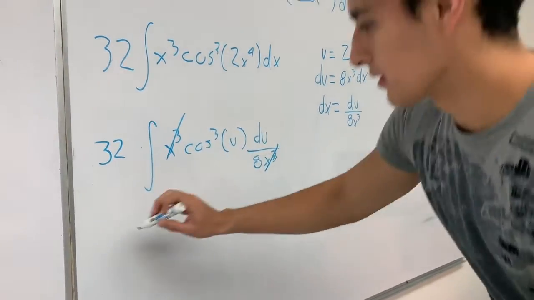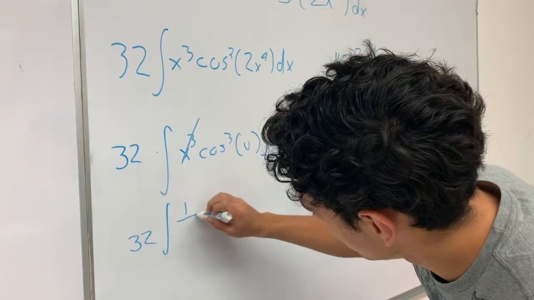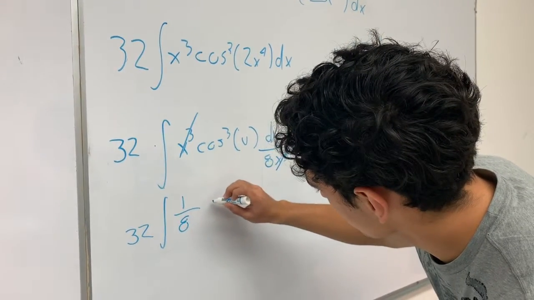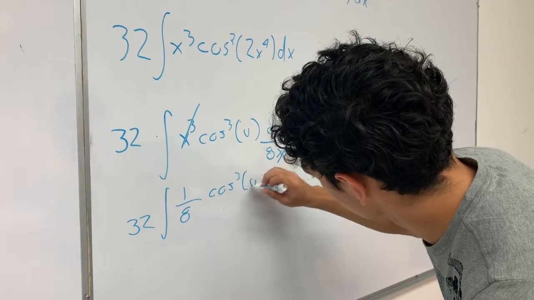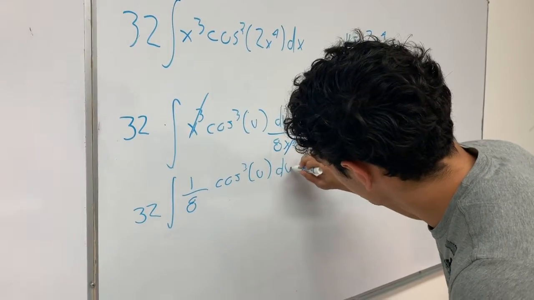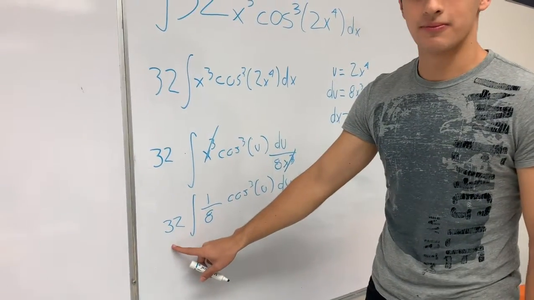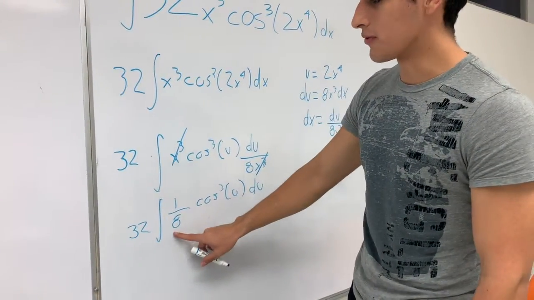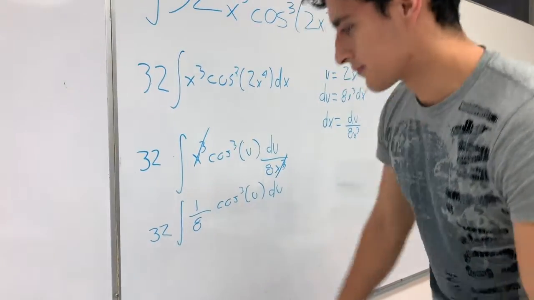And it's going to be 32, and we can take out this and put it, and we can multiply it times 32.